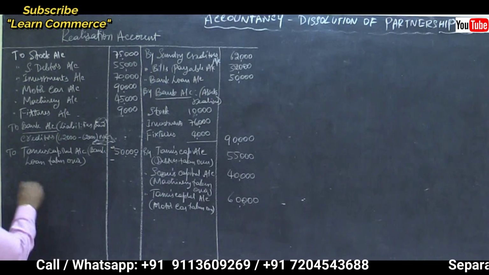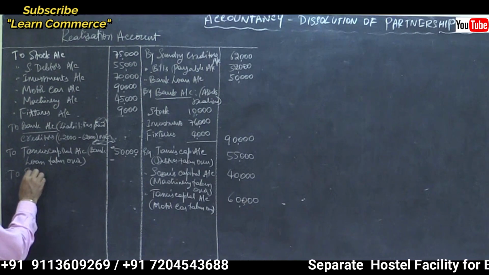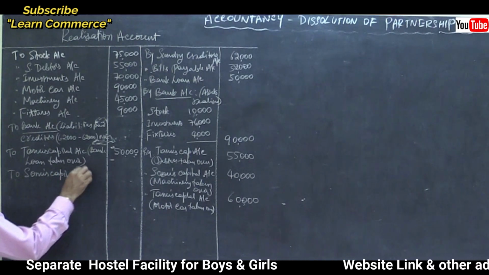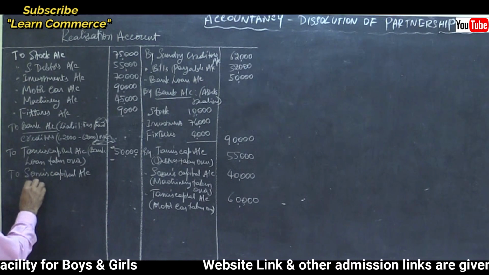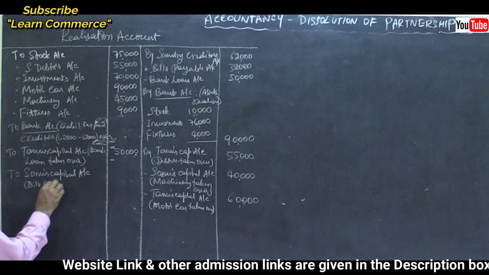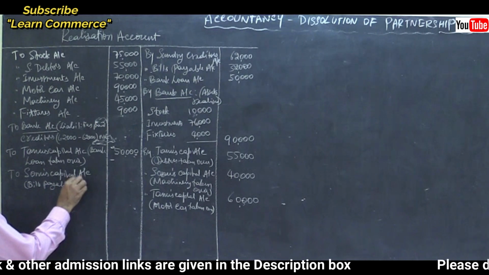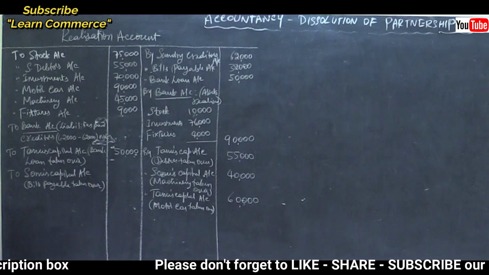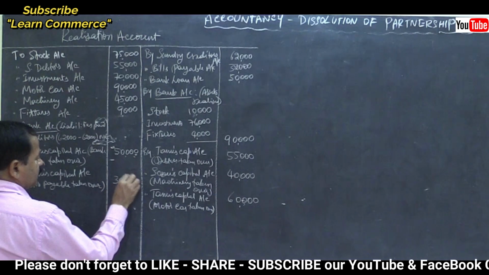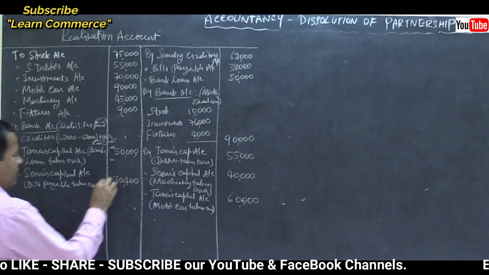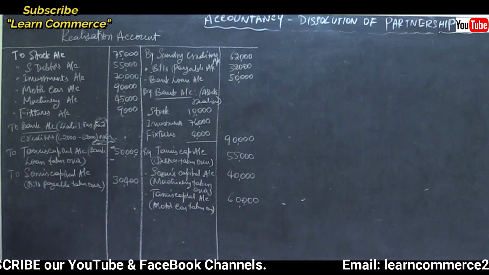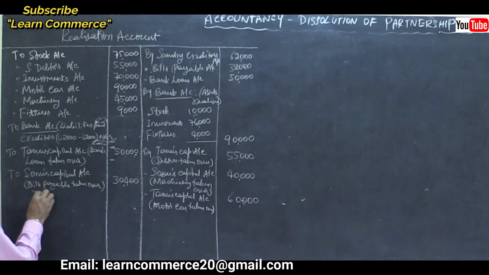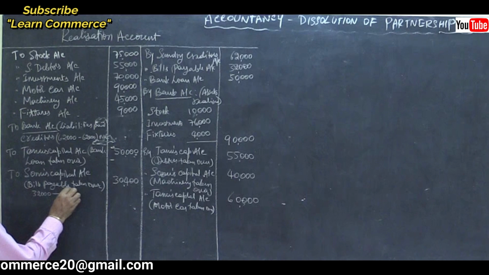Then bills payable was taken over by Sonu. So to Sonu's capital account, bills payable taken over. How much? 30,400. Then that is 32,000 minus 5%.